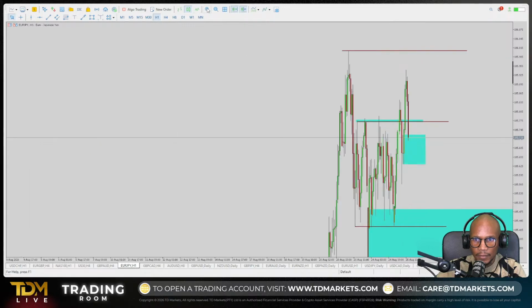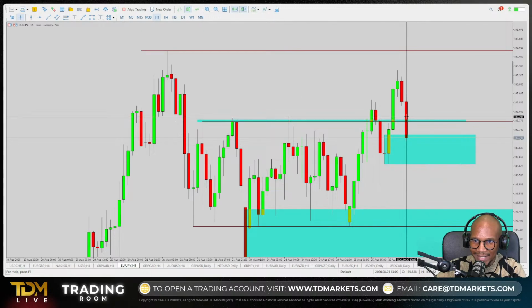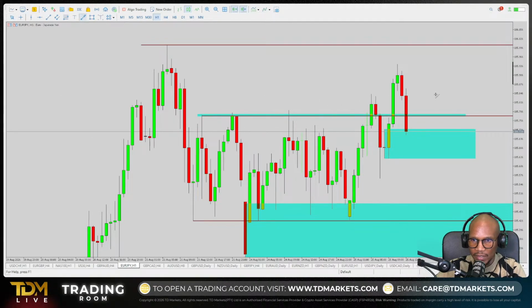Right now we can see that it broke that area quite aggressively. So if it's still aggressive like this and continues, then it might still drop a little bit.